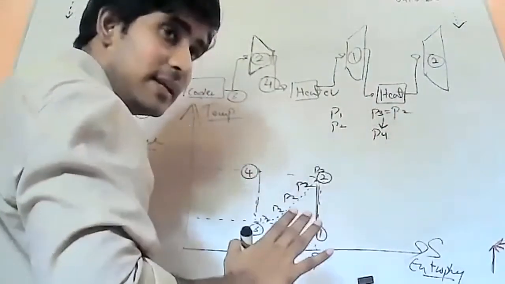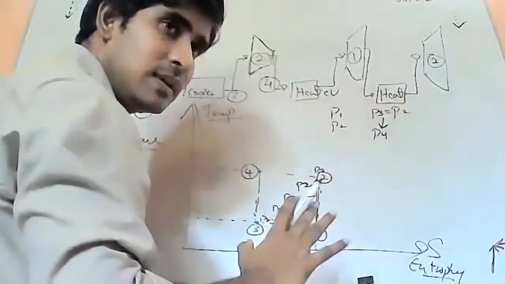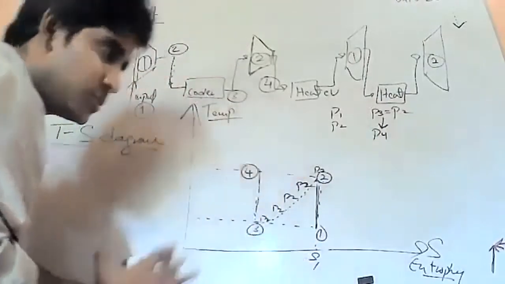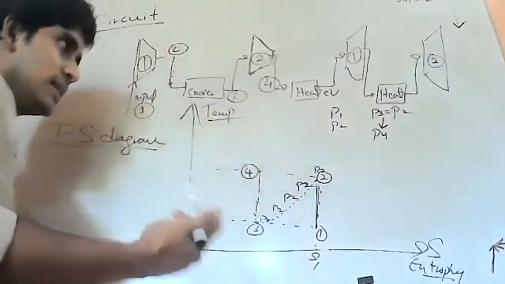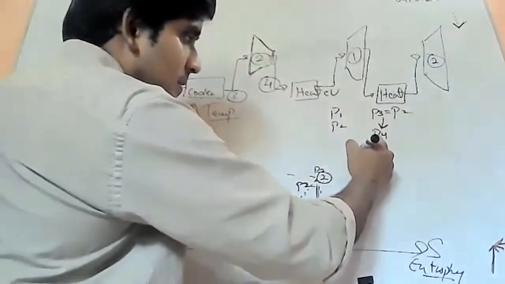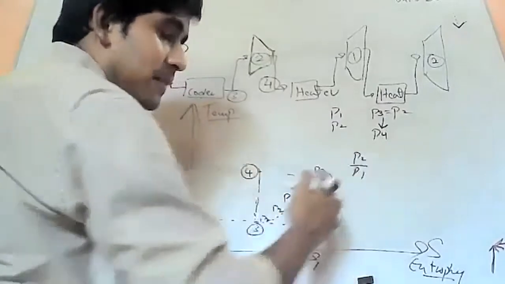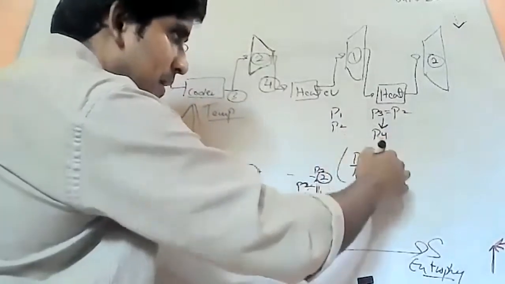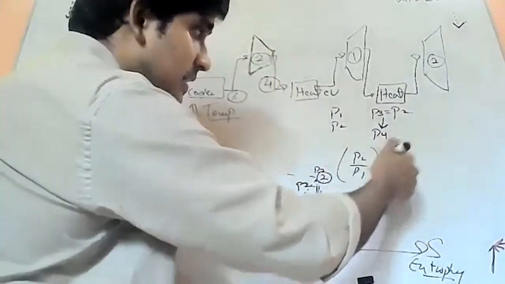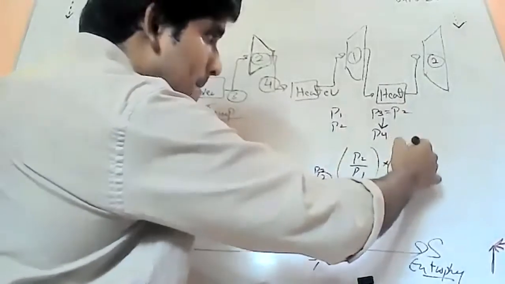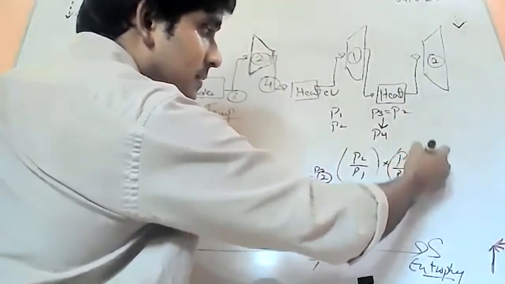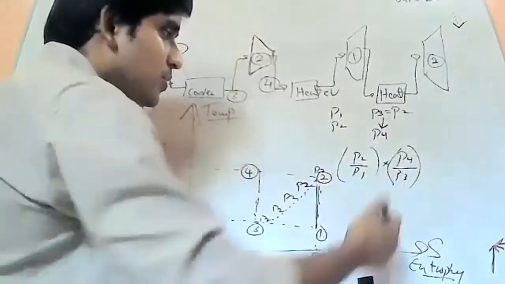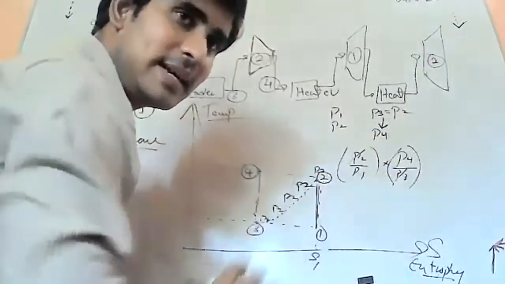But that doesn't matter, because P3 equals P2. So now what is the overall compression ratio? Now I'm teaching you how to get the overall compression ratio formula. It is P2 divided by P1 for the first compression, multiplied by P4 divided by P3. But you can cancel P2 and P3. So that is the scenario.